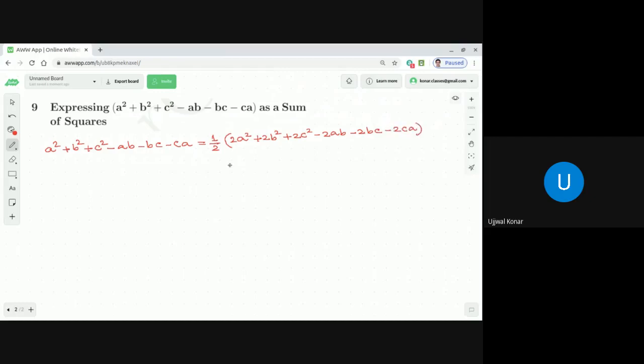Correct, no, dear students? So that is equal to 1 by 2 times the expression 2a square plus 2b square plus 2c square minus 2ab minus 2bc minus 2ca. We can write it like this: a square minus 2ab plus b square, plus b square minus 2bc plus c square, plus c square minus 2ca plus a square.